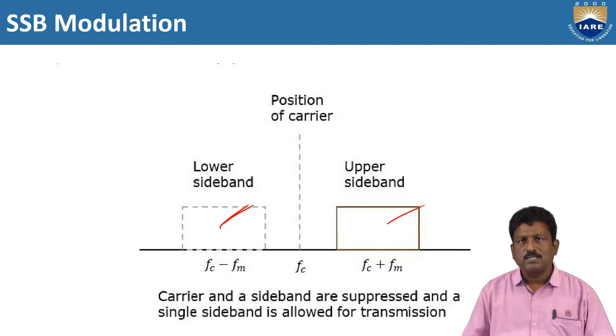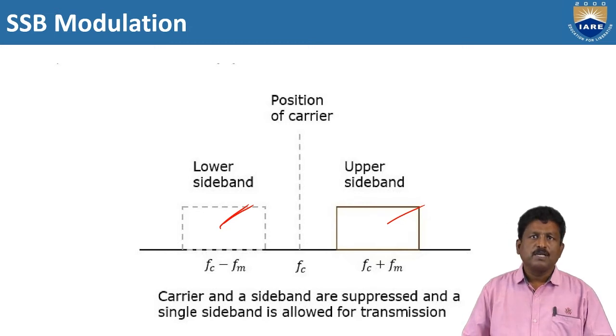Both sidebands of the DSBSC wave are symmetrical to each other, so with this property we can transmit only one sideband, and with the transmitted sideband we can retrieve the other sideband also. That means we get both the upper and lower sidebands, so automatically we can get the entire information.